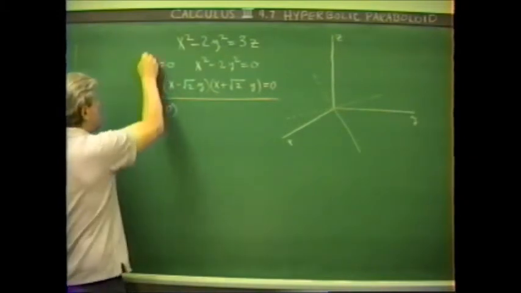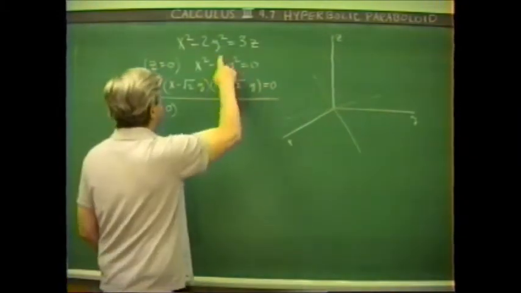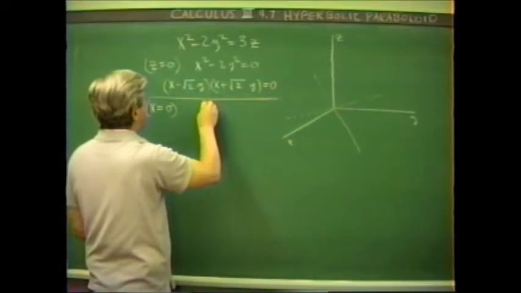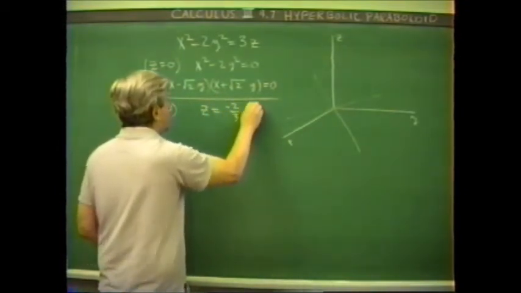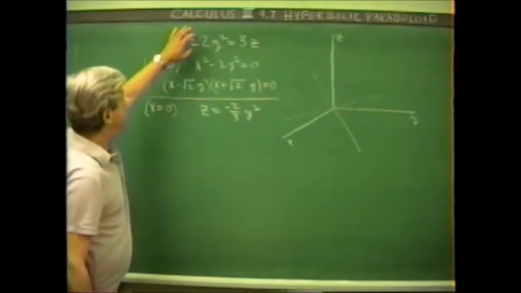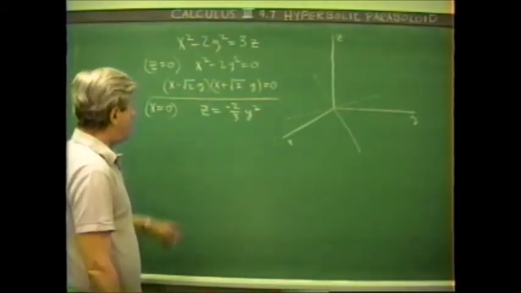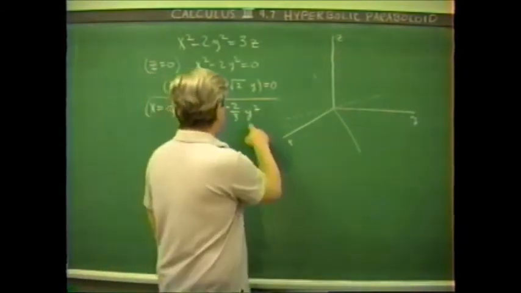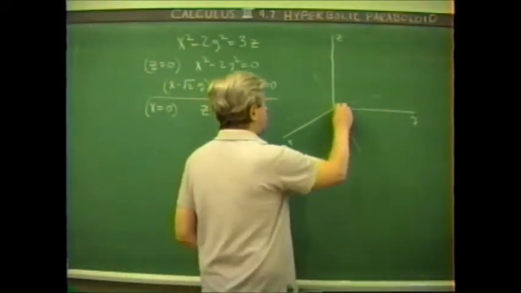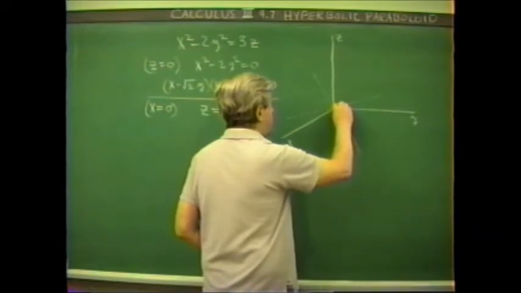This is the trace in the yz plane, and we get that z is equal to minus 2/3 y squared when x is equal to 0. So this is a parabola. It's opening downward. This parabola opens downward, like so.